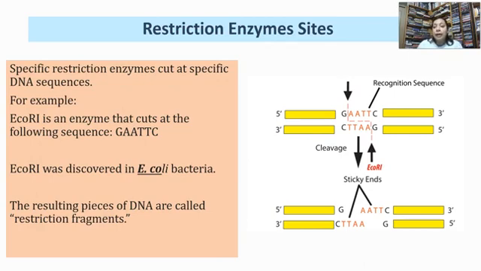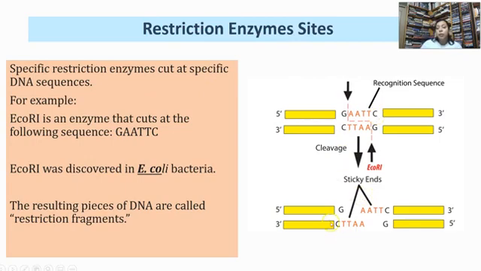So, looking at some examples, restriction enzymes can cut two different ways. They can make what we call a blunt cut, where it's just a straight cut on the double-stranded DNA, and both sides are cut at the same point.